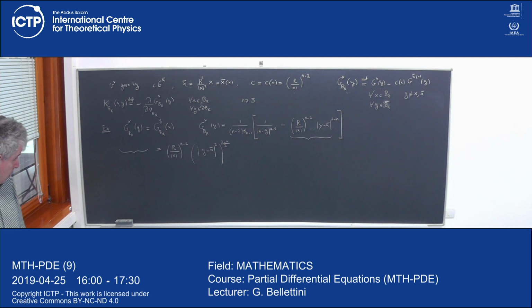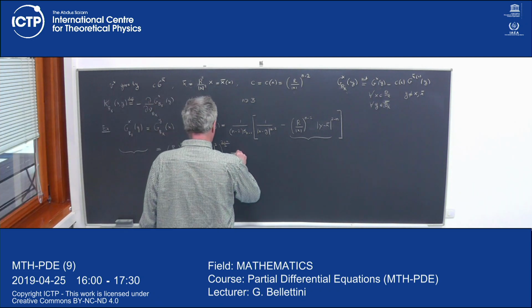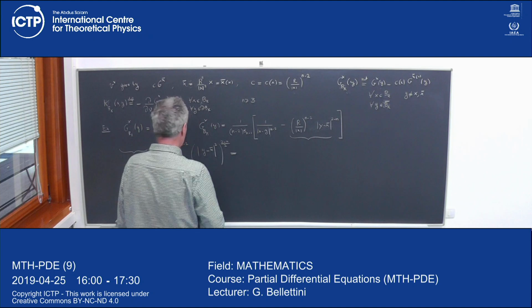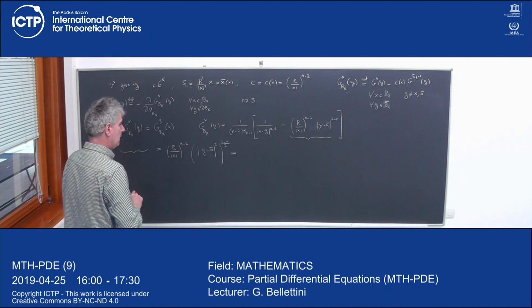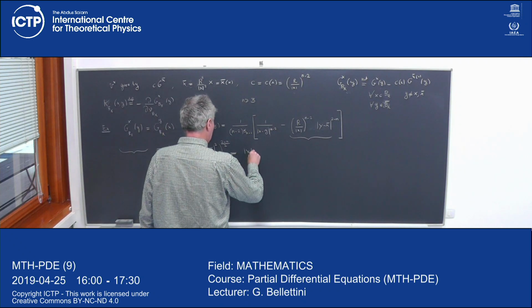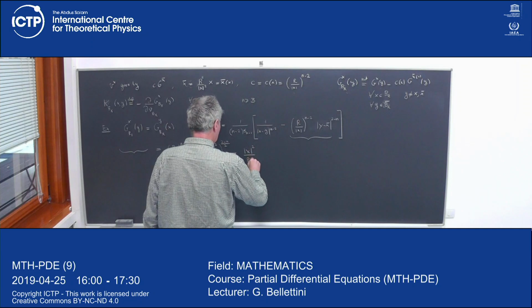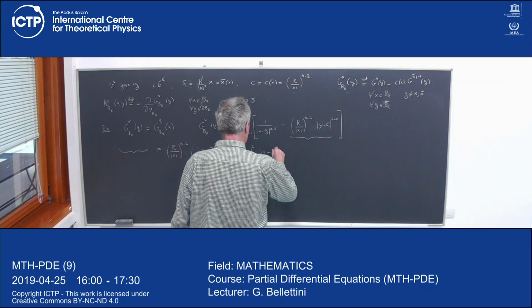So if I write this as |x| over r to the 2 minus n, I should have |x| squared over r squared times |y minus x bar| squared. Is it correct, this?